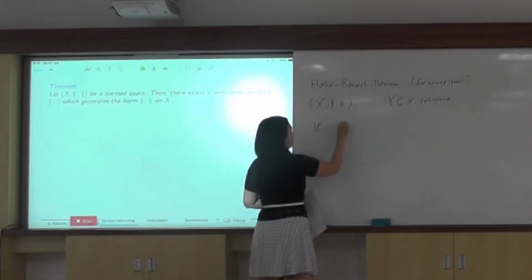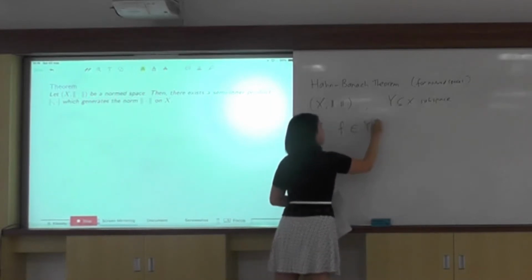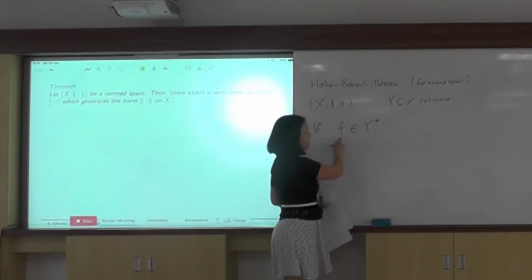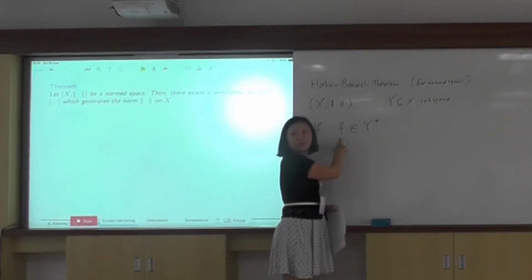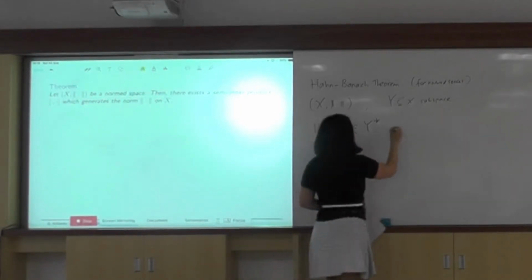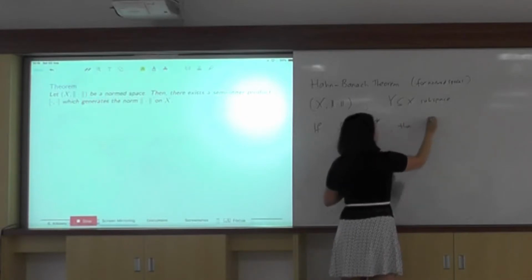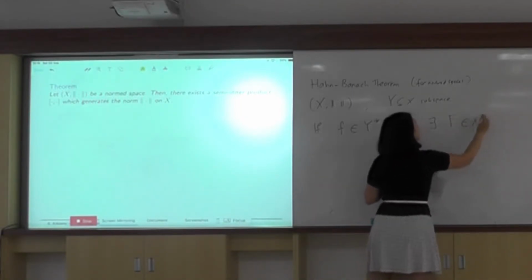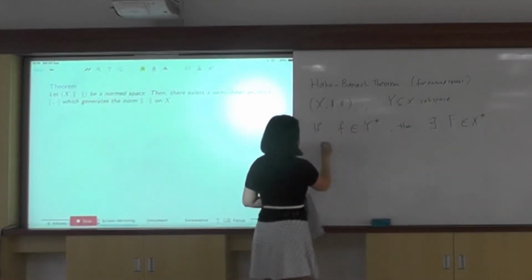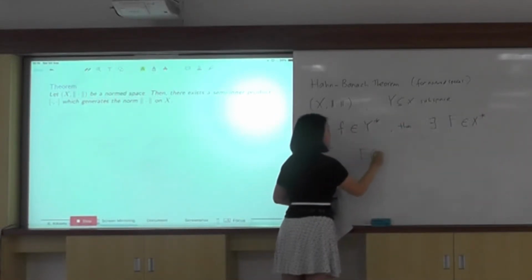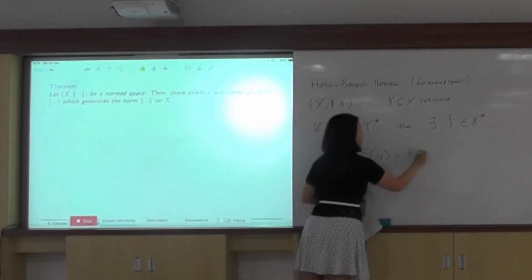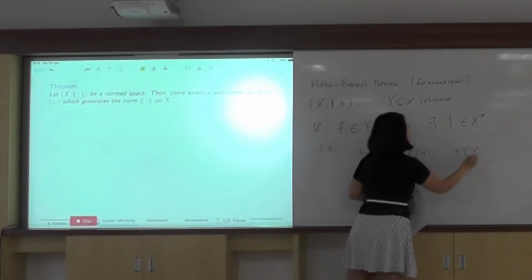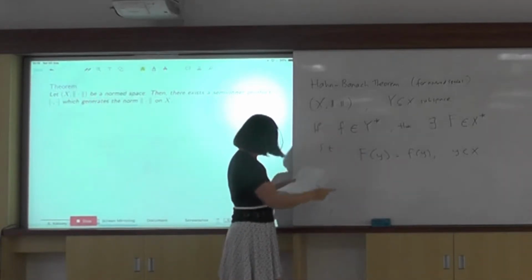If f is in Y star, this notation essentially just means that f is a bounded linear functional on Y. Then there exists a capital F in X star such that if you evaluate capital F only on the subspace Y, you get that function f again.